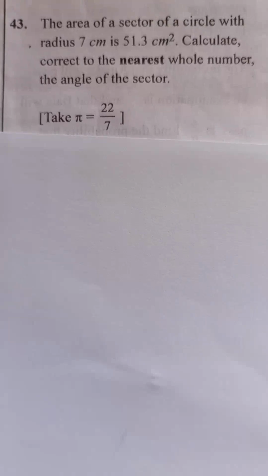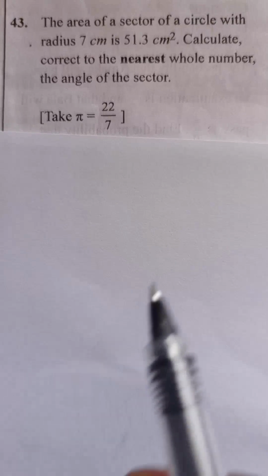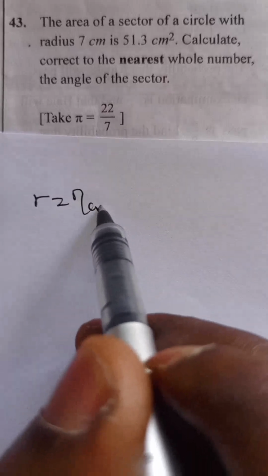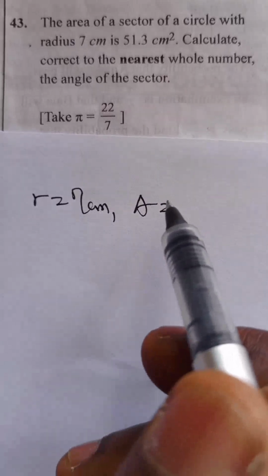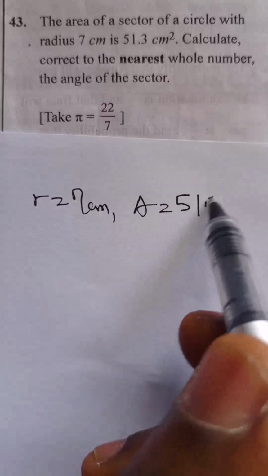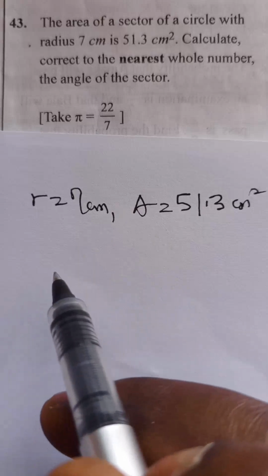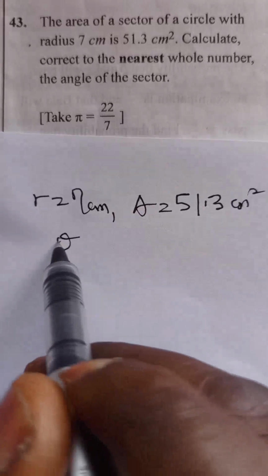Question number 43, you are given the area of a sector of a circle of radius. You are given the radius to be equal to 7 centimeter. The area of a sector is 51.3 centimeter square. And you have to calculate the angle of the sector, which is theta.